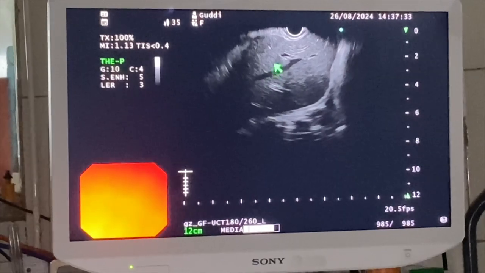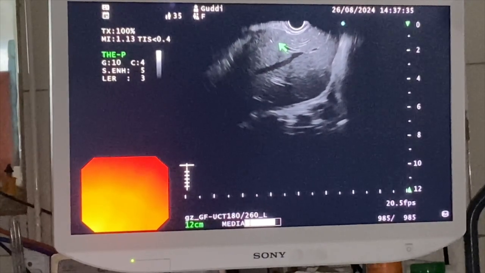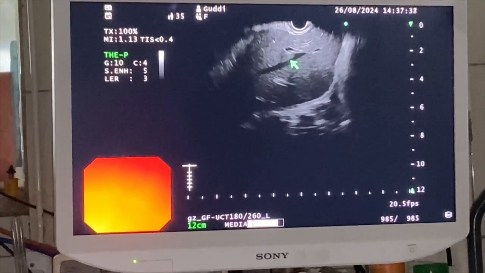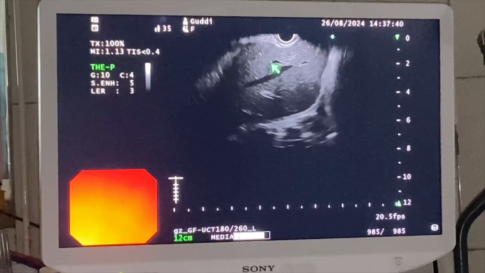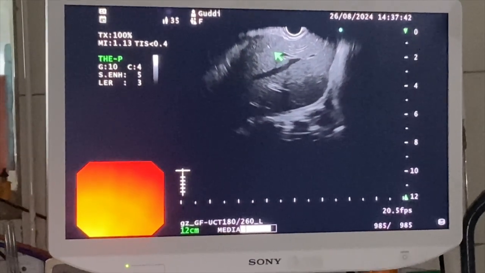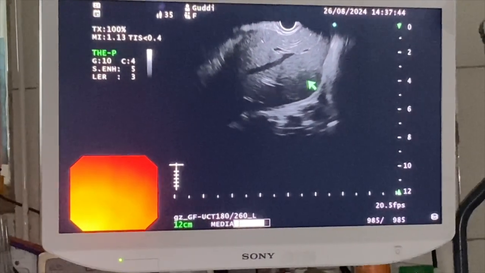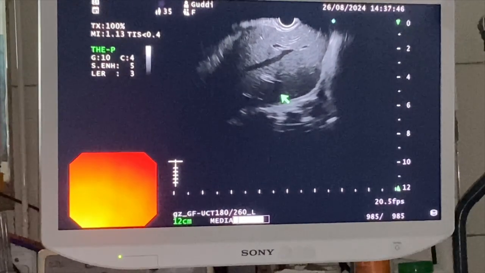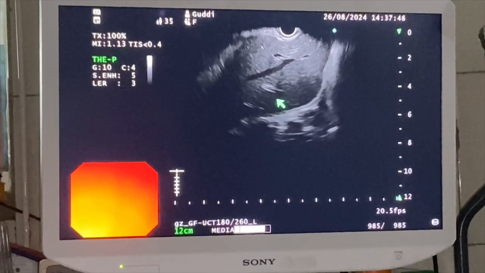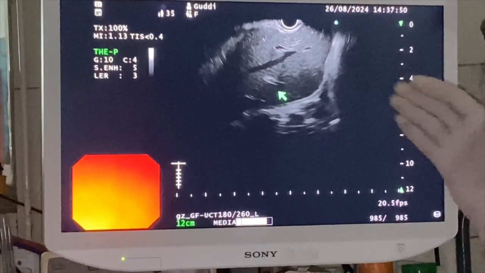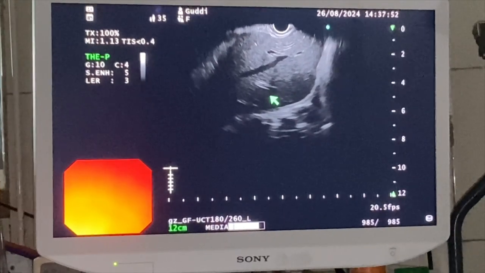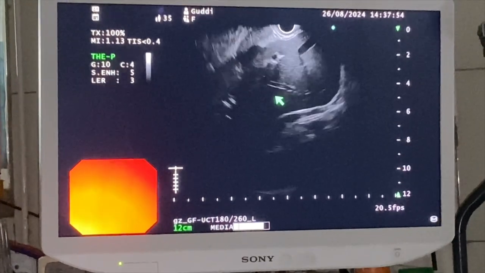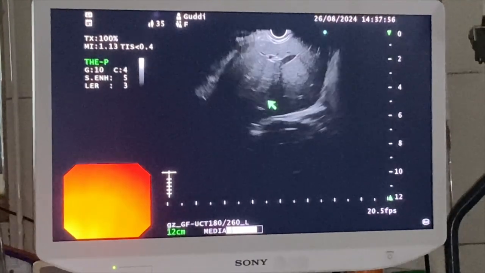The liver segment which is above the left hepatic vein is segment 2 of the liver, and the segment which is away is segment 3 of the liver. So this is segment 2, segment 3.